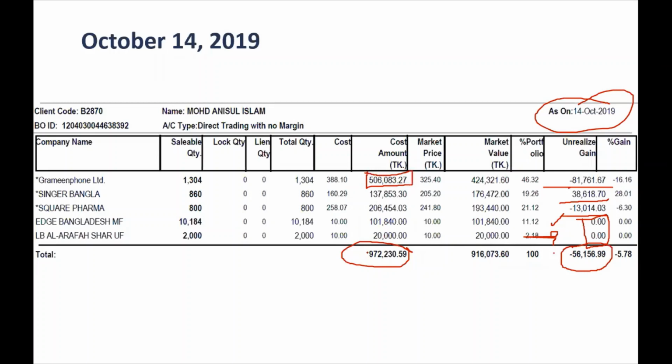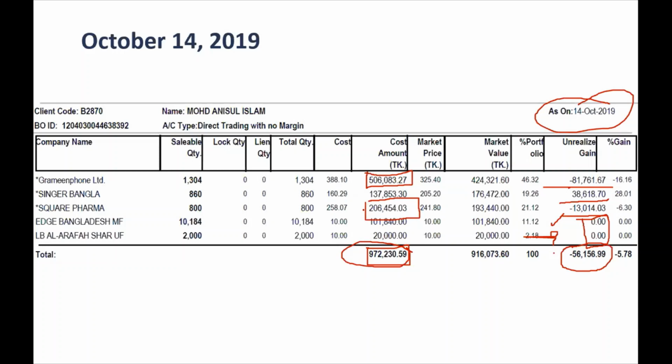Divide this number by this number. Above 50%, sir. Okay. And the second excitement was with Square Pharma. So it's approximately close to 25%.